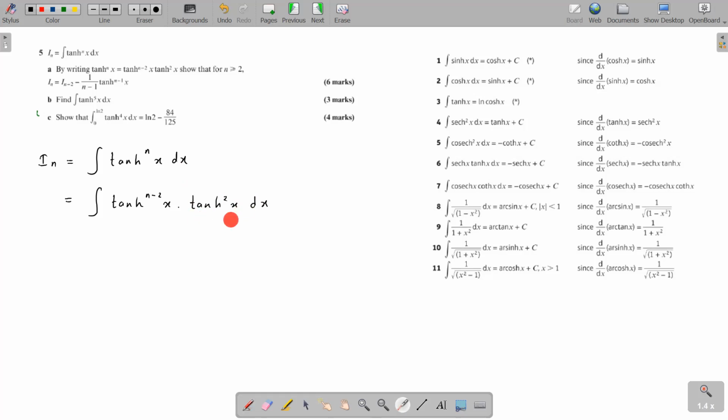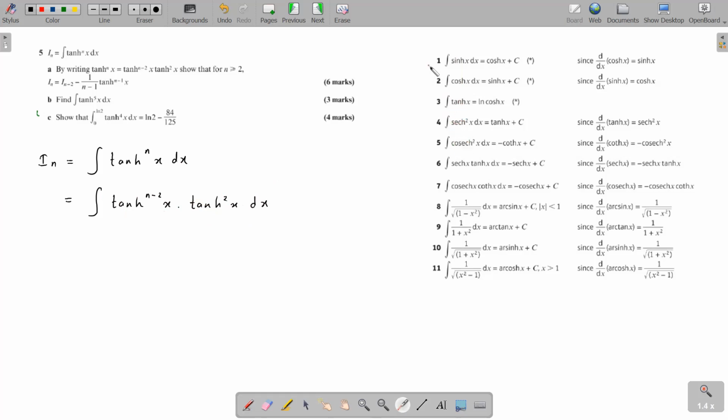Normally when there's a power n, I think of differentiating that part, because in the earlier question, the parts with the power n were differentiated, and the other part was integrated. So the other part should be the one normally integrated. Do we know how to integrate tan square?